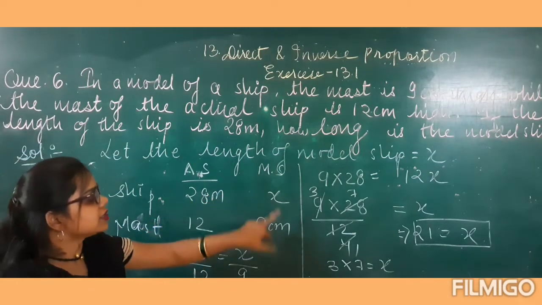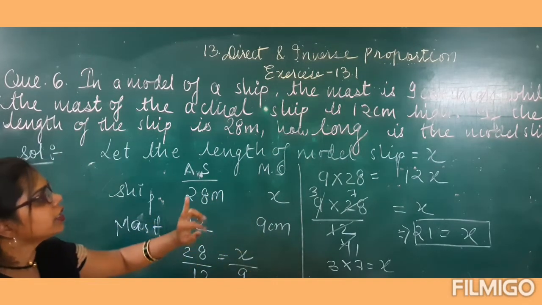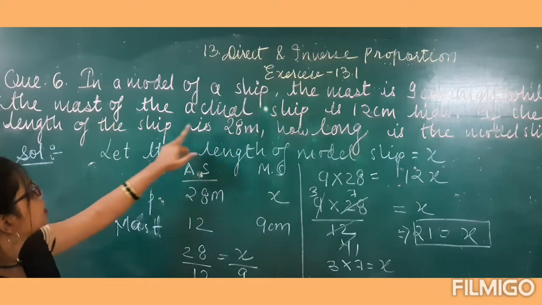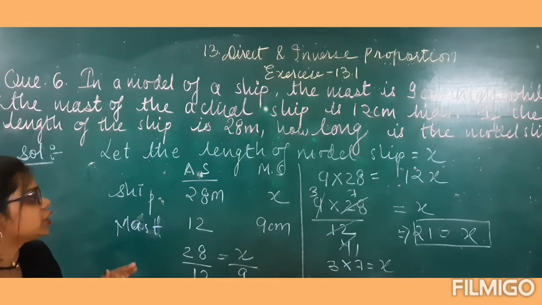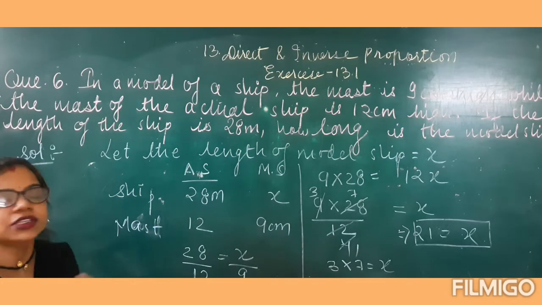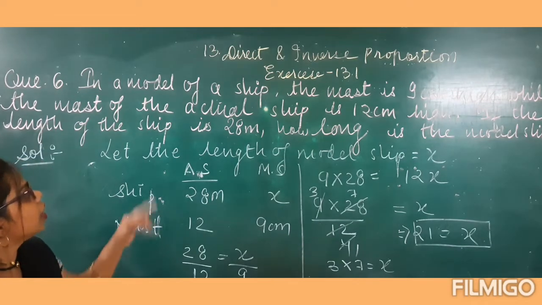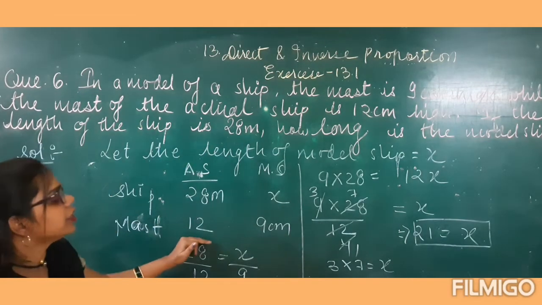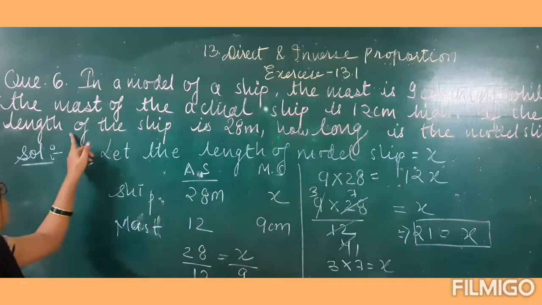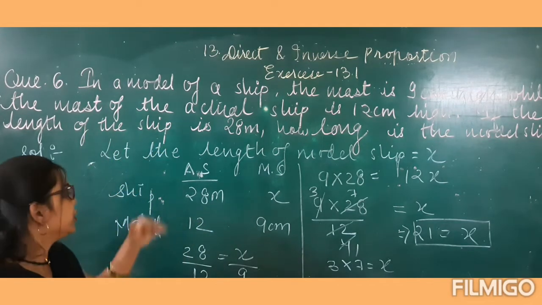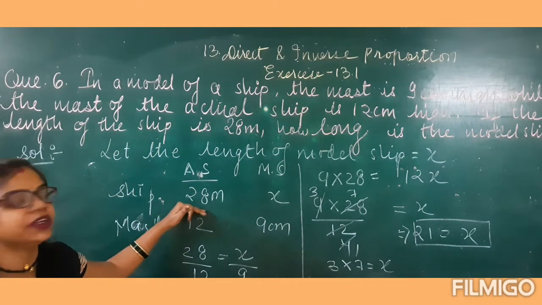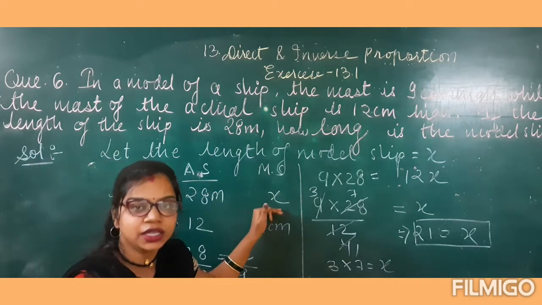The mast of the actual ship is given as 12 centimeter. If the length of the actual ship is 28 meter, you have to find out the length of the model ship.